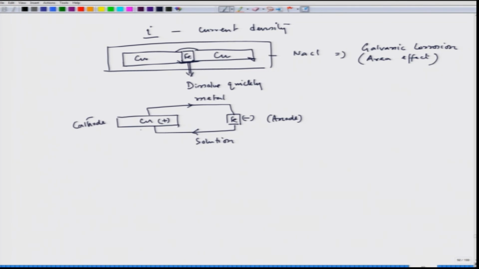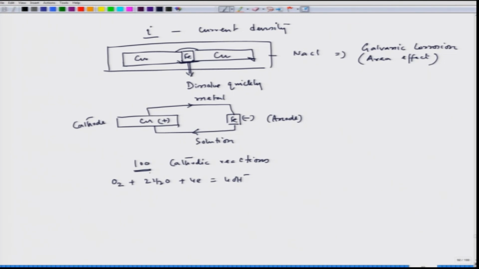Now, the total area of copper is so large. Let us assume that 100 cathodic reactions are taking place, an arbitrary number. The cathodic reaction is O2 plus 2H2O plus 4e equal to 4OH minus.